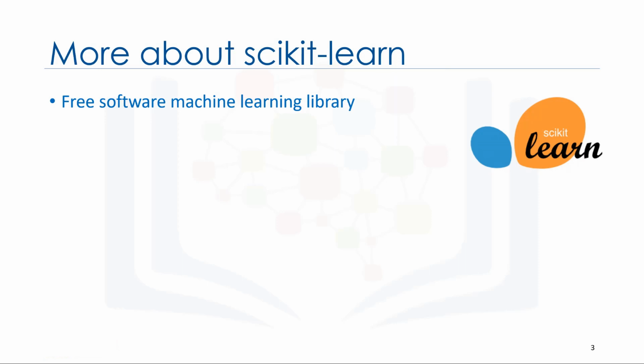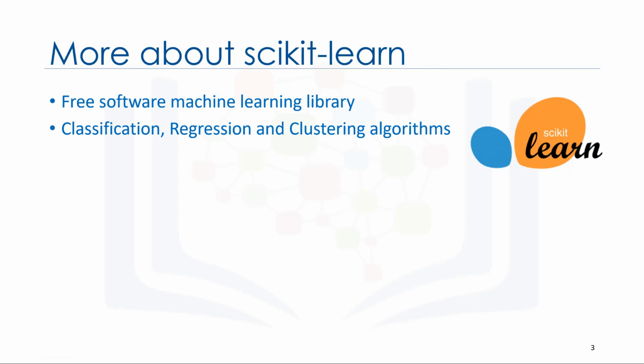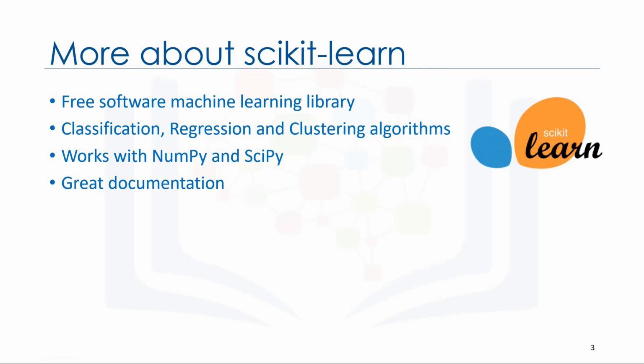Scikit-learn is a free machine learning library for the Python programming language. It has most of the classification, regression, and clustering algorithms, and it's designed to work with the Python numerical and scientific libraries, NumPy and SciPy. Also, it includes very good documentation.